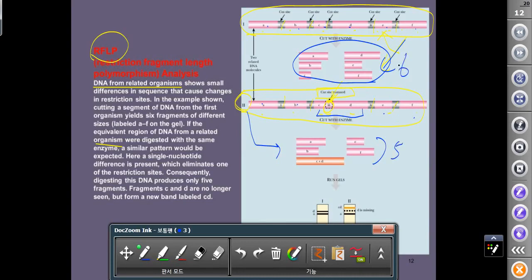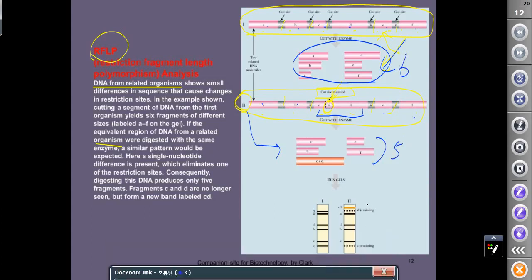Here we had 6 fragments. So what do we get after electrophoresis? We get 5 bands. Oh, no, sorry. 6 bands from here, number 1 organism.